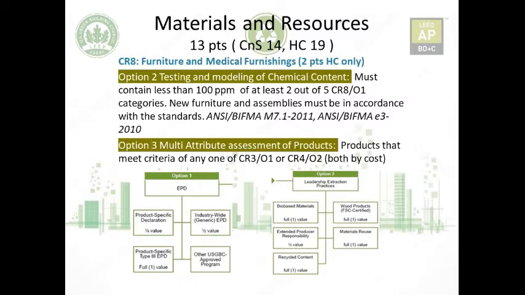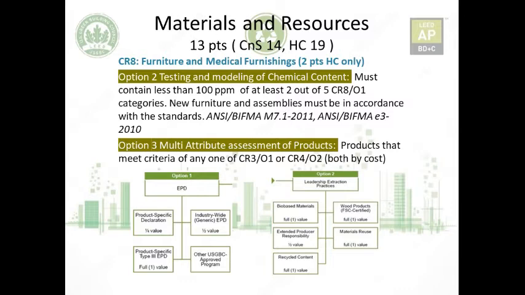And new furniture and assemblies must be in accordance with these standards. I know it gets a little boring because we cannot discuss the standards here, but you have to remember these standards. For option number 3, products that meet criteria of any one of CR301 or CR402, both by cost.